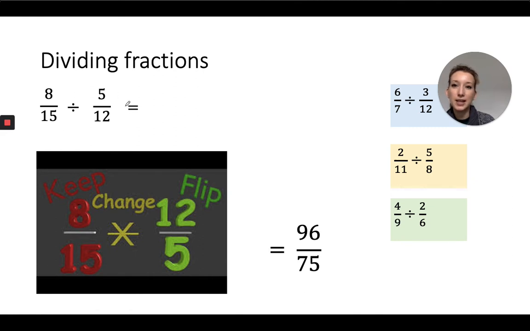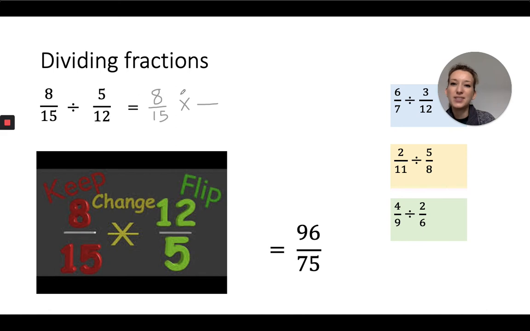So in this case, the whole notion with division is that 8/15 divided by 5/12 is the same. So you're keeping, kissing or changing, and flipping.